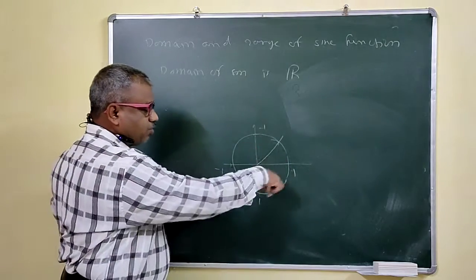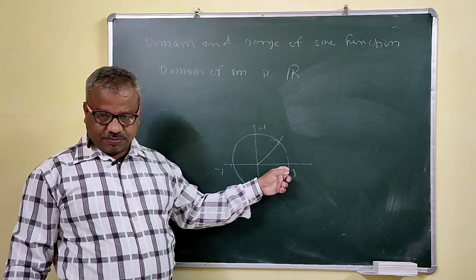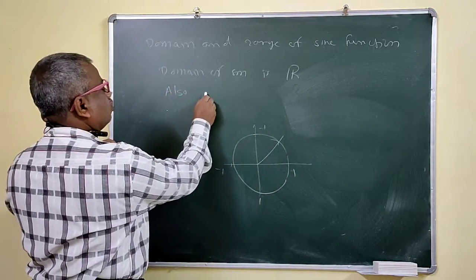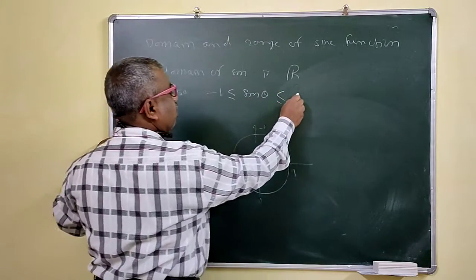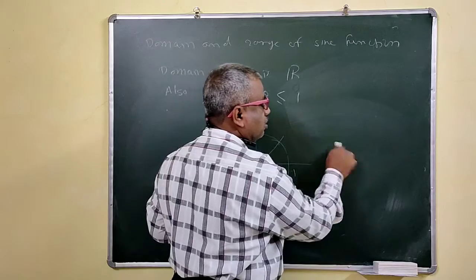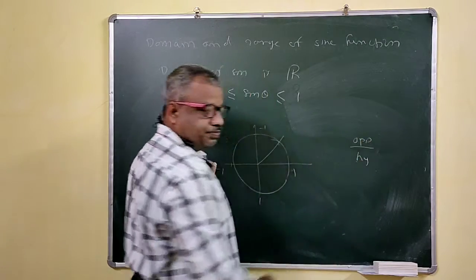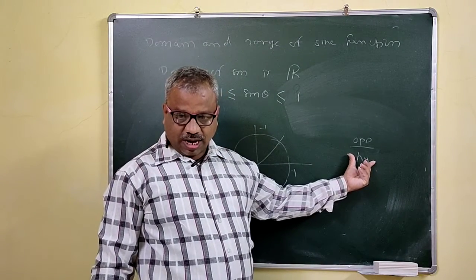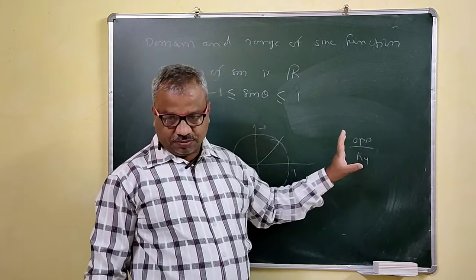Right? Now you see that all the values of sine theta always lie between minus 1 and 1, right? Everywhere. So that means minus 1 is less than or equal to sine theta is less than or equal to 1. Also you can judge this: sine theta means opposite side upon hypotenuse, right? Now hypotenuse is the largest side of the triangle, and if the denominator is largest, that number is less than 1.